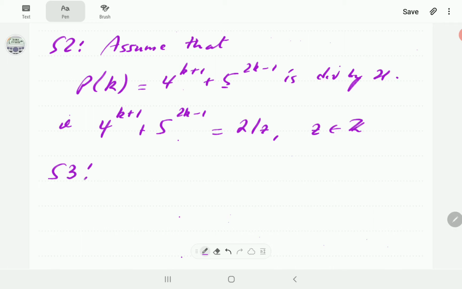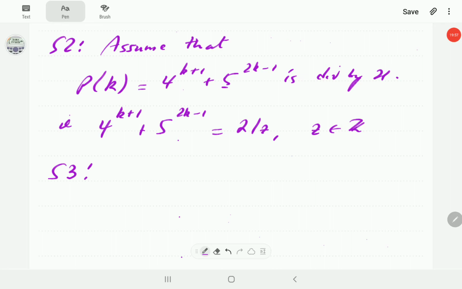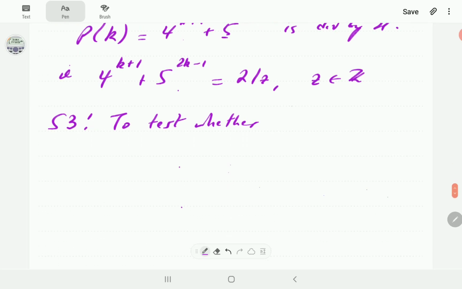Then step number 3, we want to test whether P of k plus 1 is also going to be divisible by 21.